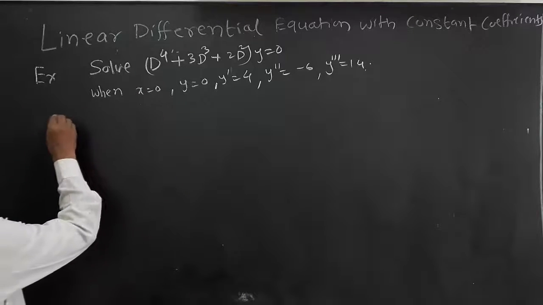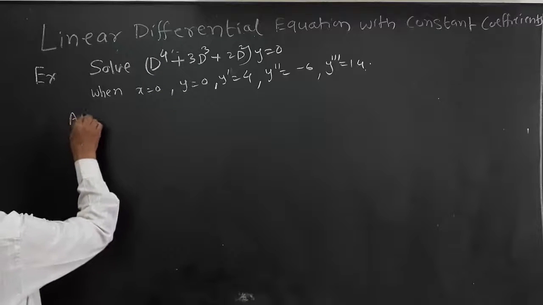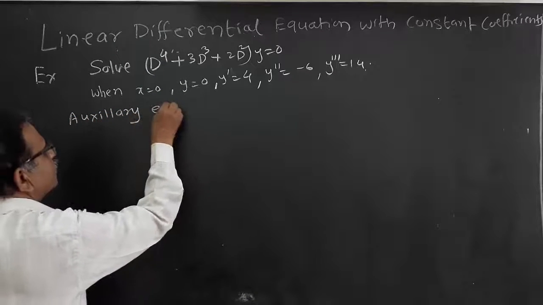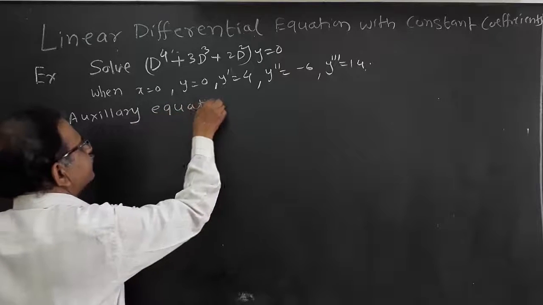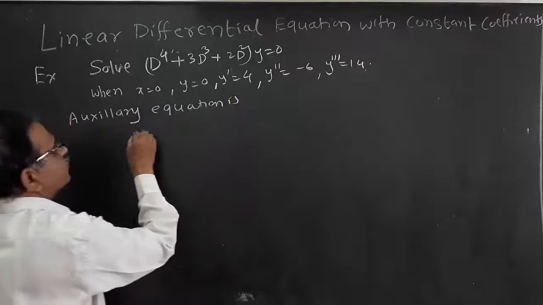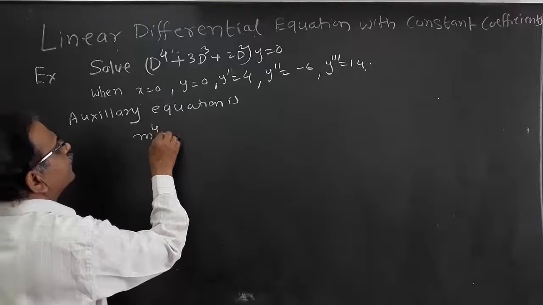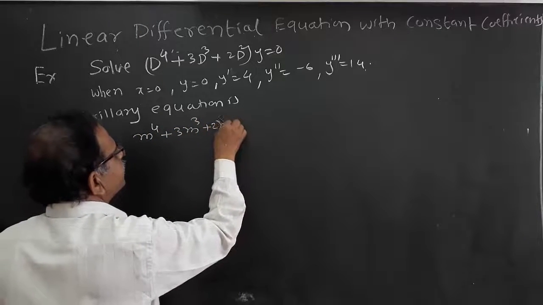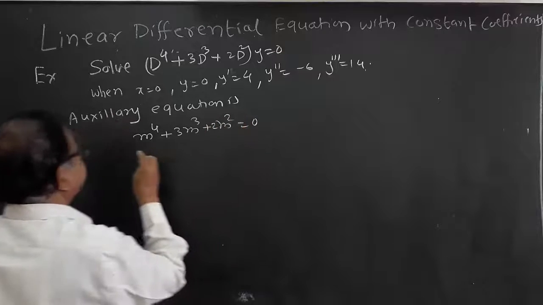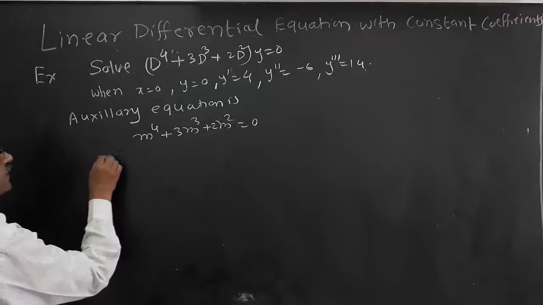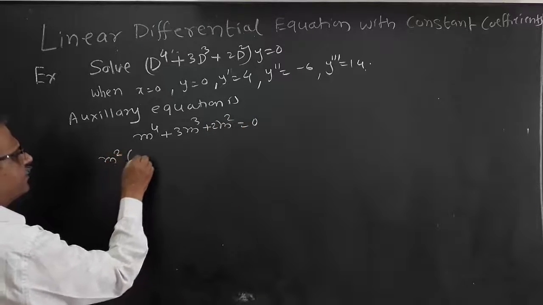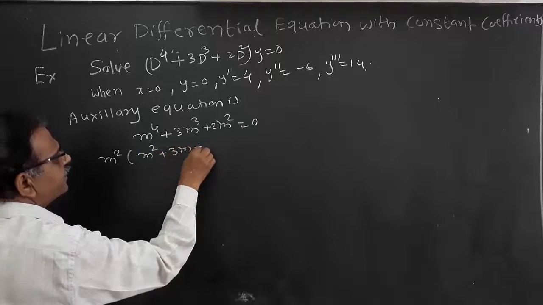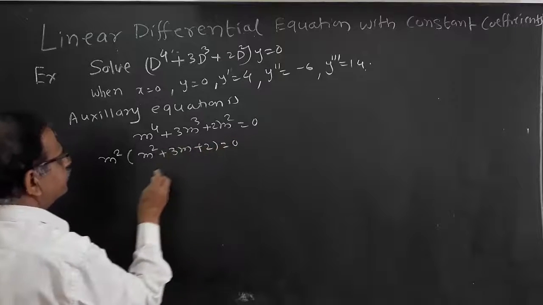For that we read the auxiliary equation. Auxiliary equation is m raised to 4 plus 3m cube plus 2m square equal to 0, which can be written as, m square taken common, m square plus 3m plus 2 equal to 0.